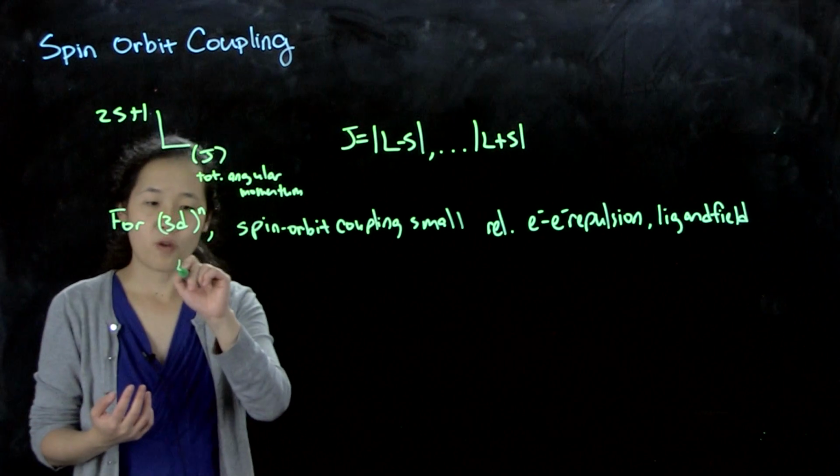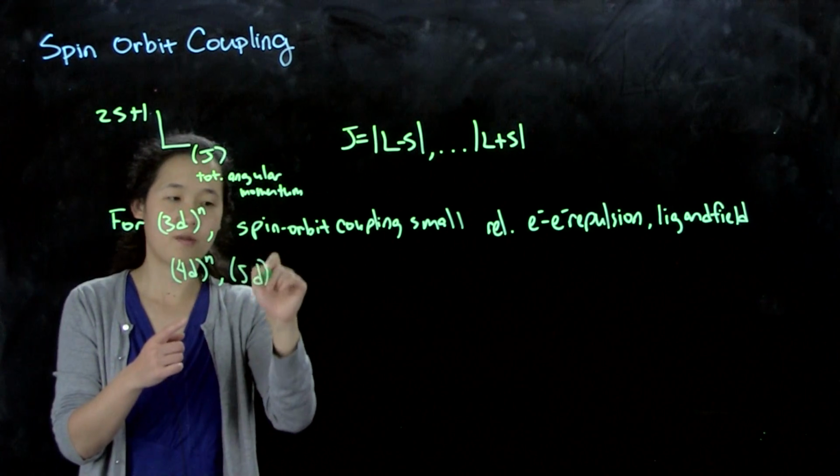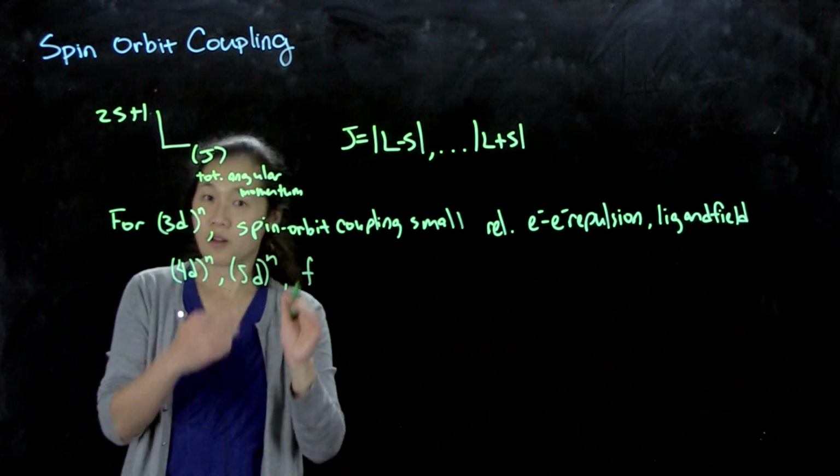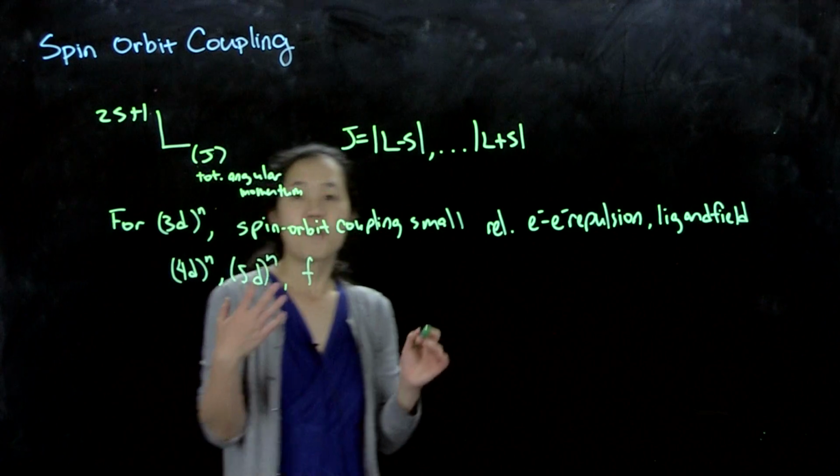For maybe 4d and 5d, so your lower transition metals, second and third row, and also any f element, your lanthanides or your actinides, spin-orbit coupling can have a much bigger effect.